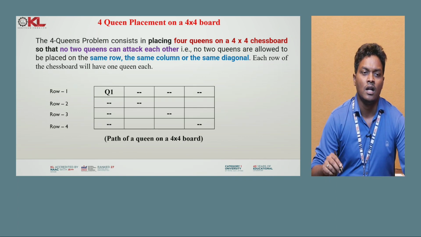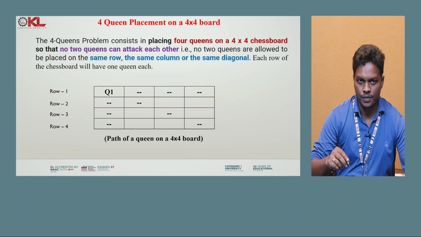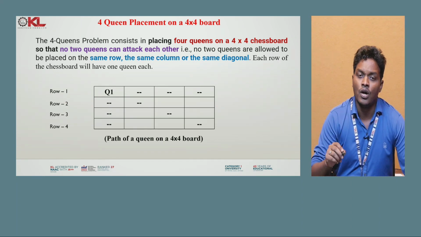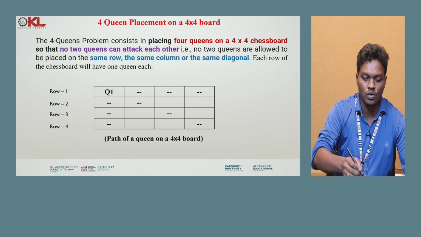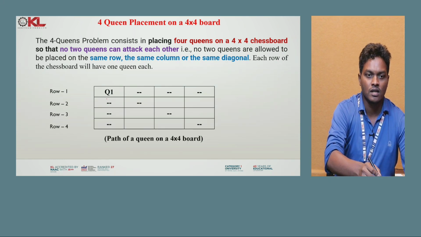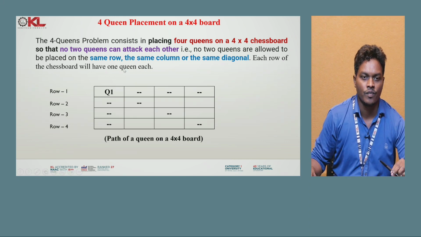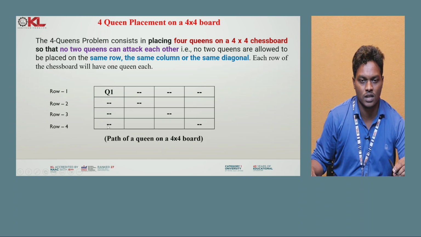See here, the 4-queen problem consists of placing 4 queens on a 4x4 chessboard. There are 4 rows and 4 columns, and also diagonals.